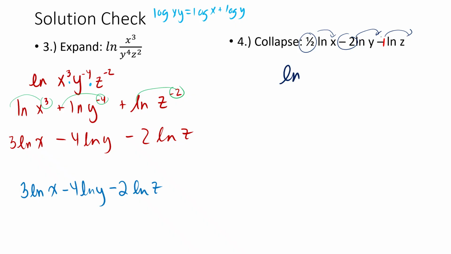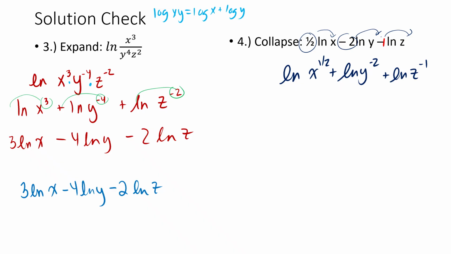So we'd have natural log of x to the 1/2, and you could do minus natural log y squared like I did earlier, or you can bring the negative with it. And so you bring like a negative 2 up into the exponent, and then that becomes a plus sign. And then here, this is a negative 1. Or you could leave it as a minus natural log z. You've got options there.